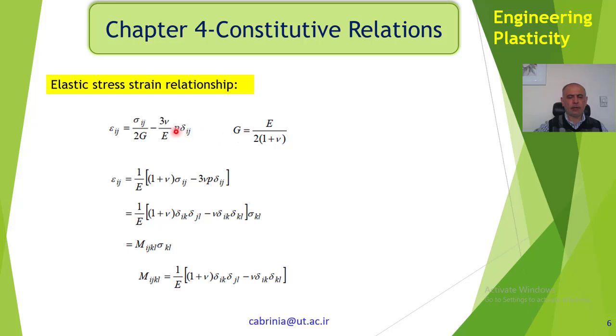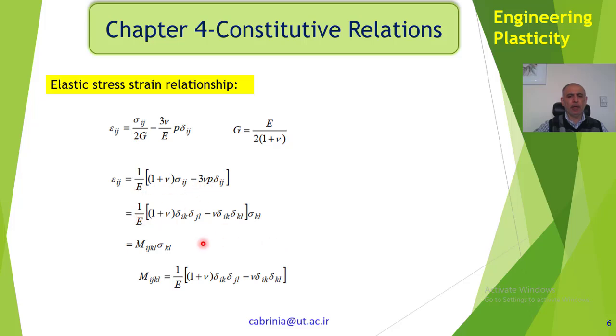That's the hydrostatic stress or pressure, and that's the Kronecker delta. G obviously is E over 2 times (1 plus mu), and e_ij is the same thing as we have written on the previous page.